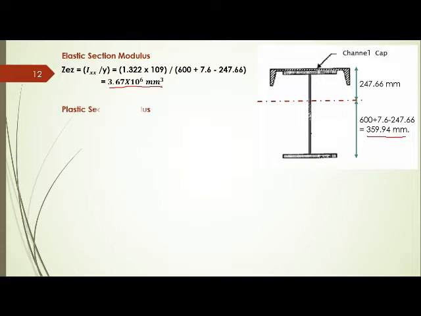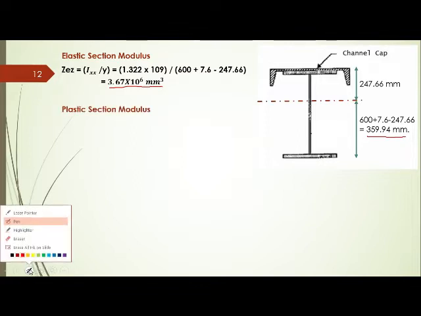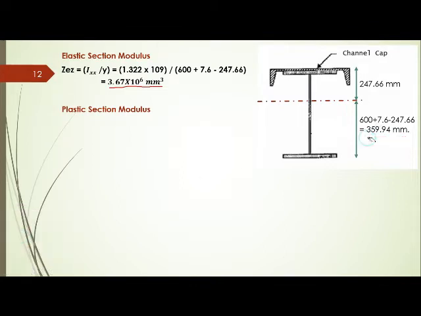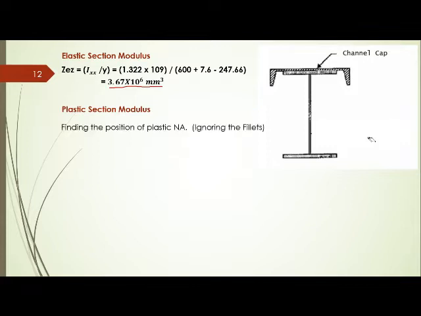To calculate the plastic section modulus, we first have to calculate the plastic neutral axis. In this calculation we have ignored the fillets, that is, the curvature of this rolled section.